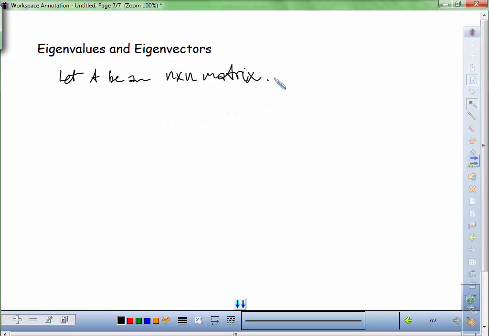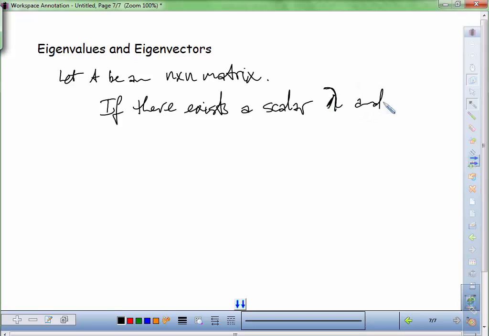So it's quite possible, with matrix multiplication and the application to vectors, that there exists a scalar, and usually the variable used for a scalar is the Greek letter lambda, and a vector. Here they use x or v; it doesn't really matter. I'll use a v.